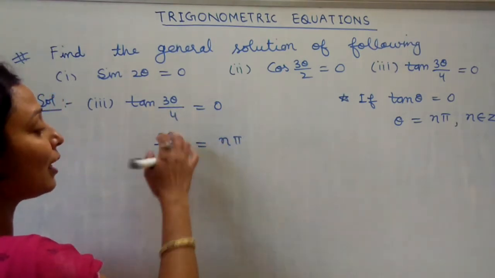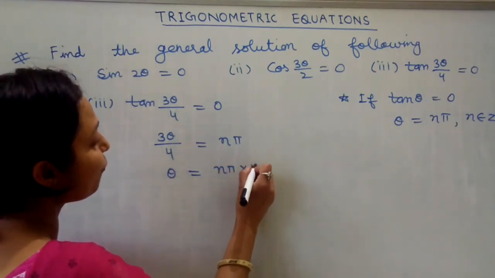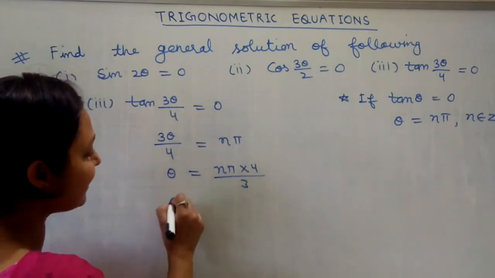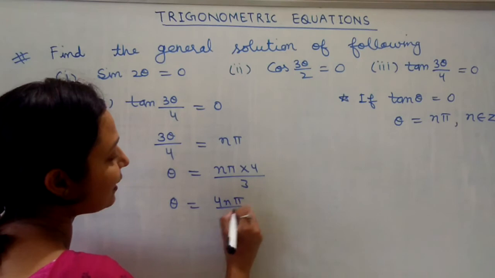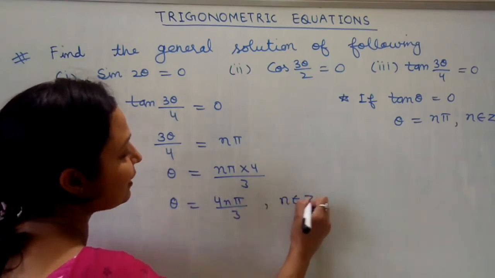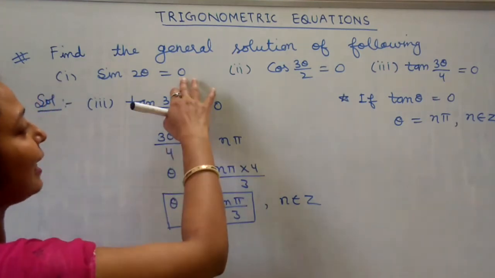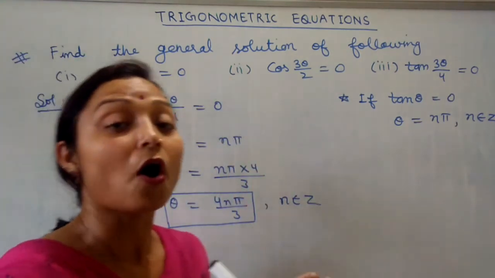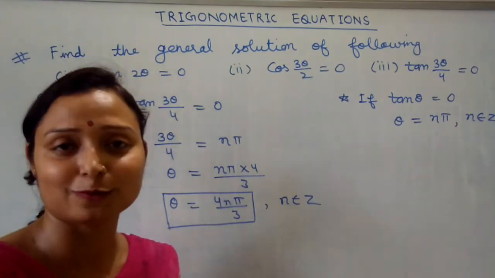But here we want the value of theta. Theta is equals to n pi into 4 by 3. So I can write it as 4 n pi upon 3, where n belongs to integer. So this is the way to do the question when tan, cos and sine all are equals to 0. Then we have to apply the first 3 formulas.